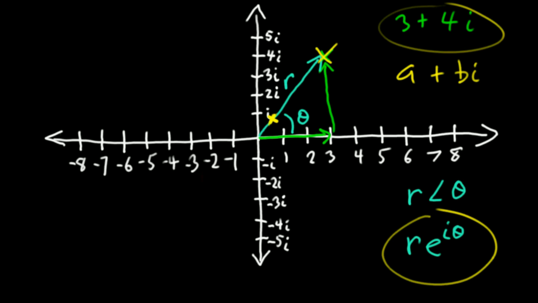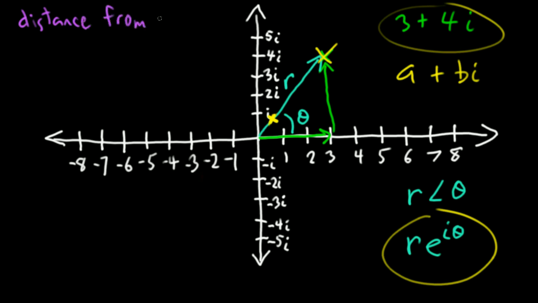For example, rectangular coordinates are quite convenient for addition and subtraction, but polar coordinates are quite convenient for multiplication and division. Now, unfortunately, there are a lot of different terms that mean the same thing when people talk about complex numbers. For example, the distance from the origin.